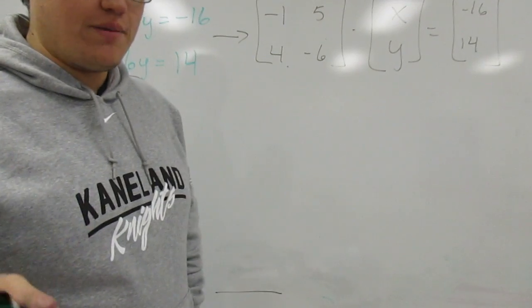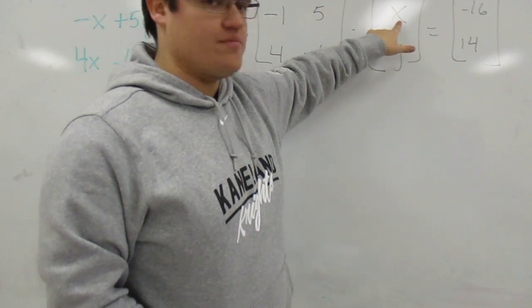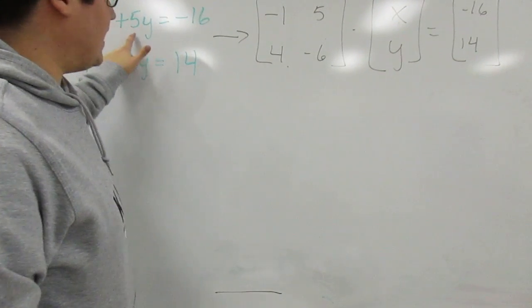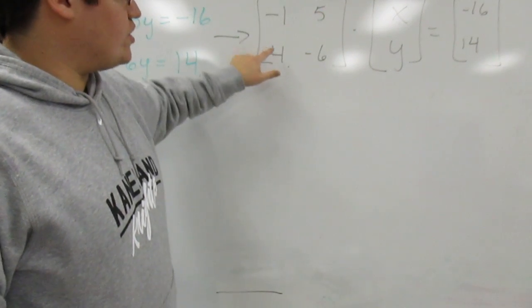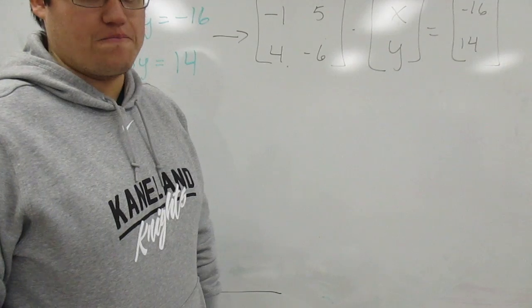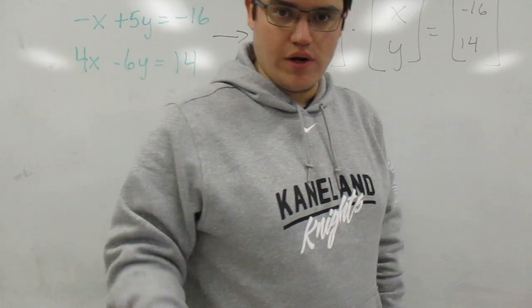Well, if you think when you're multiplying matrices, you do your rows by your columns, you get -1 times x, which is this guy, 5 times y, which is this guy, equals -16. And then when you do this, you get 4 times x. So both of these guys right here have an x on them. So when we replace the x column with this guy, that's what we're doing.